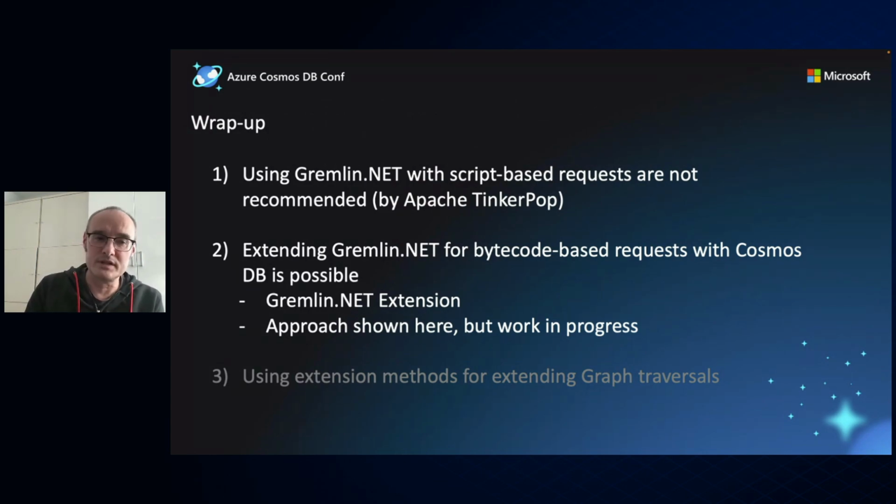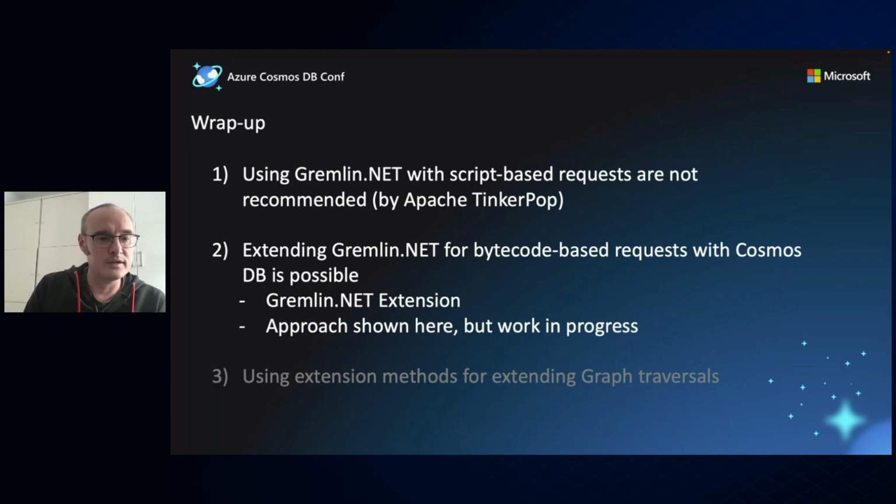I've shown you some examples, okay, how we can extend Gremlin.NET. There's already one library existing since almost 2 years. We are currently creating our own one so that we can have kind of pure bytecode-based requests.